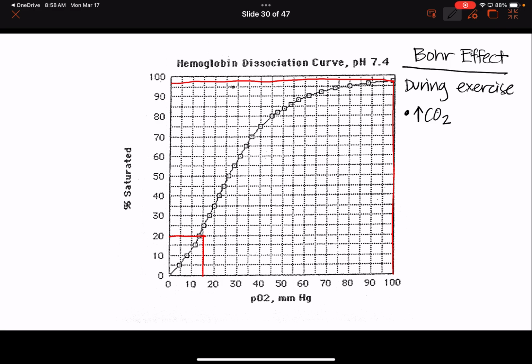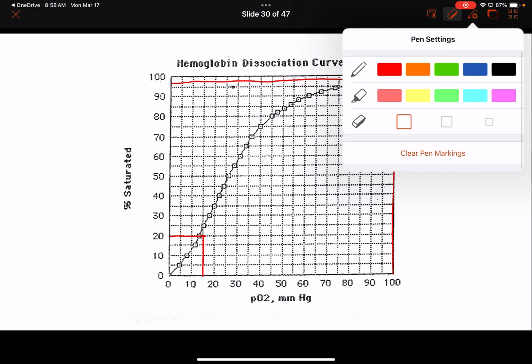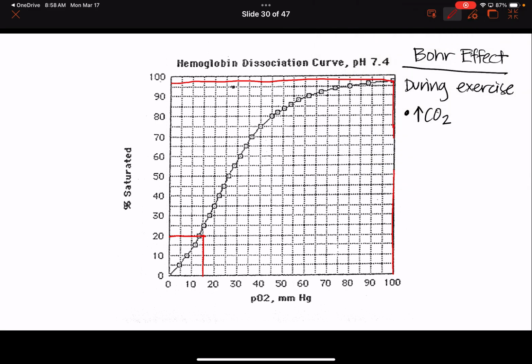Where it was CO2 plus water is reversible with carbonic acid, which is reversible with bicarbonate and a hydrogen ion. You guys remember that? Sort of. You didn't have to memorize it in B32, but you've got to memorize it here.